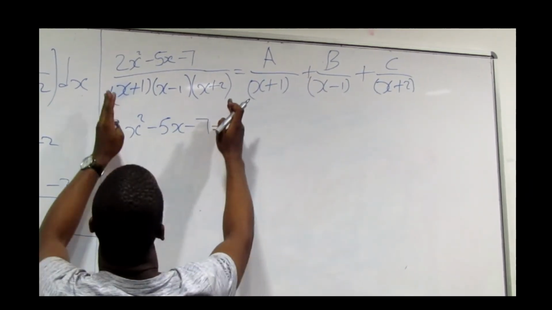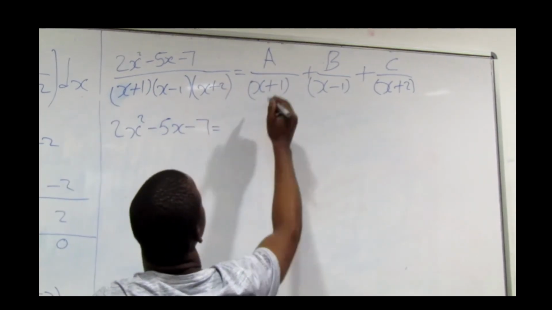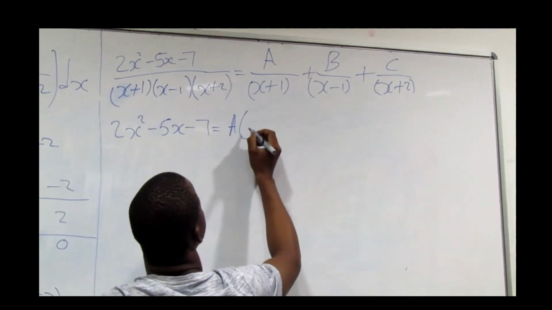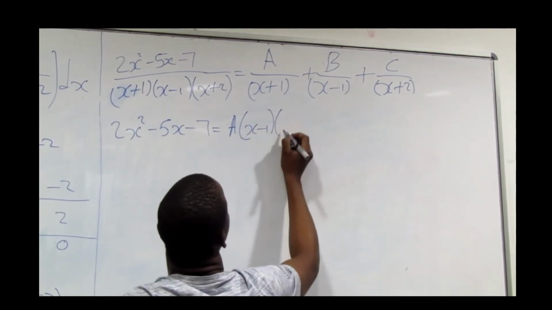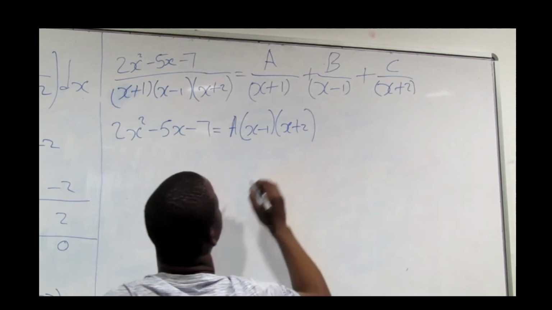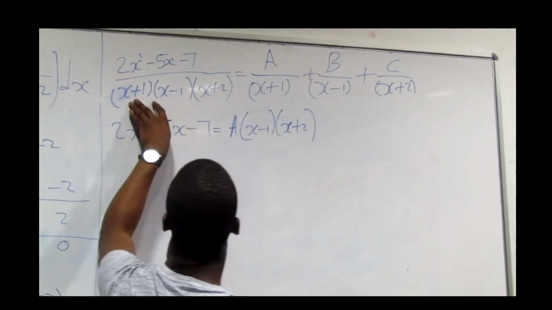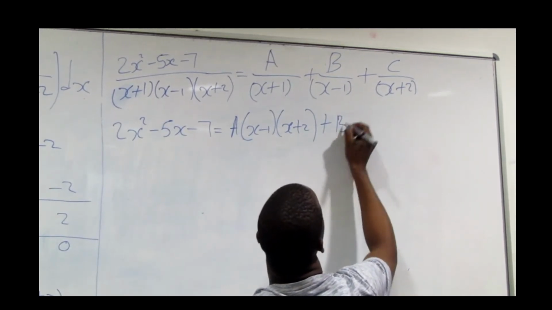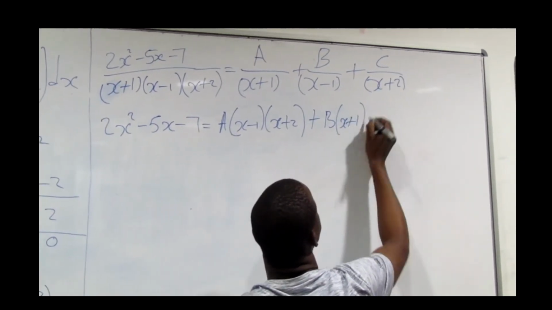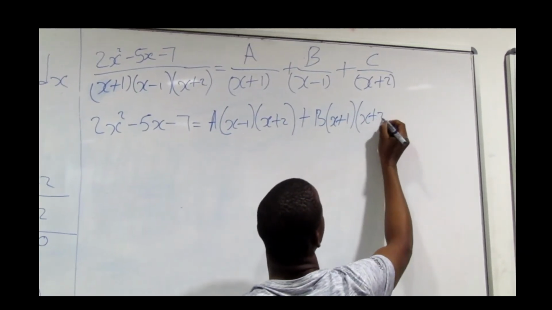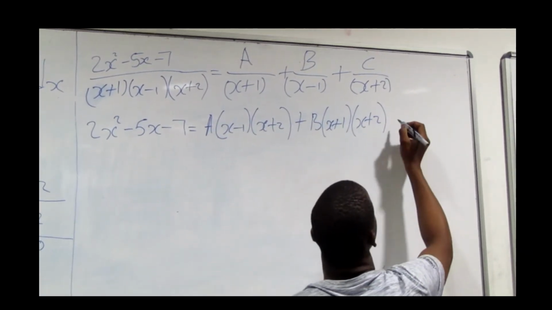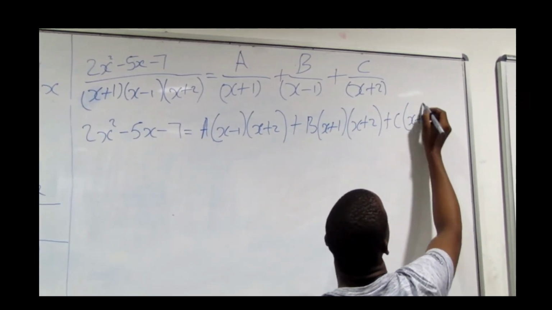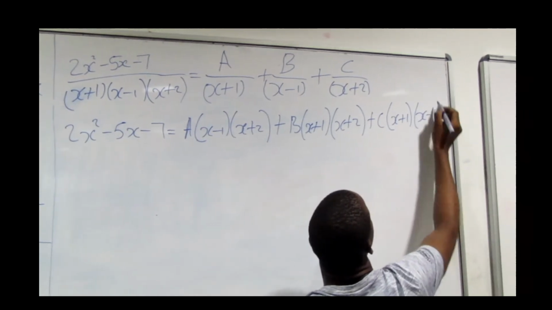So when you multiply the whole of this with a over x plus 1, it's going to be a into x minus 1, x plus 2, meaning this and this cancel each other. Then again plus b into x plus 1, x plus 2. Again plus c into x plus 1, x minus 1.